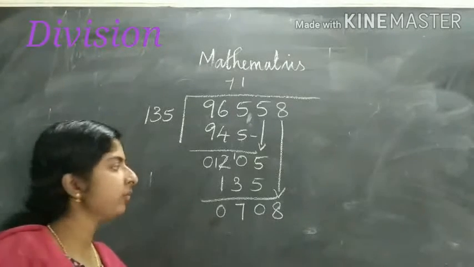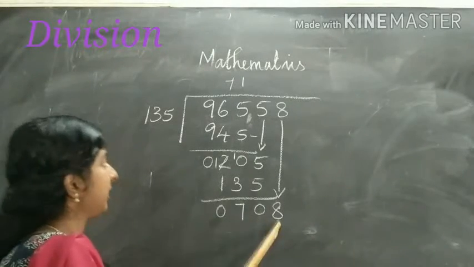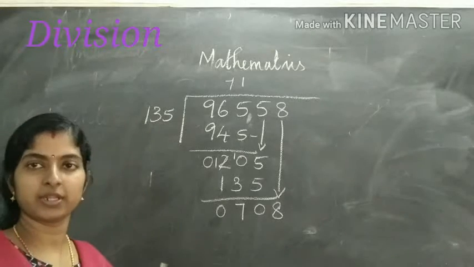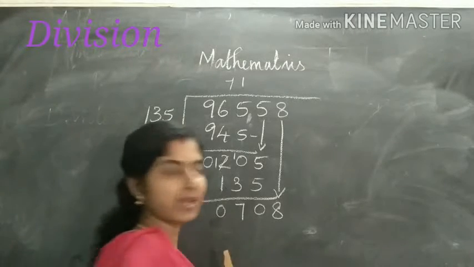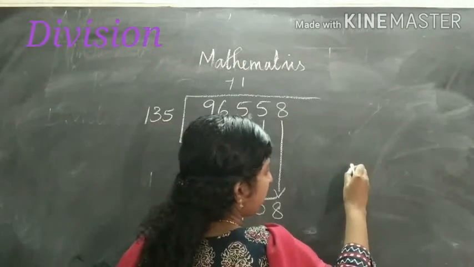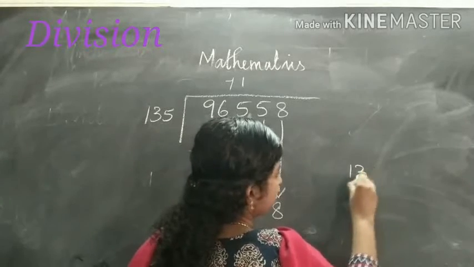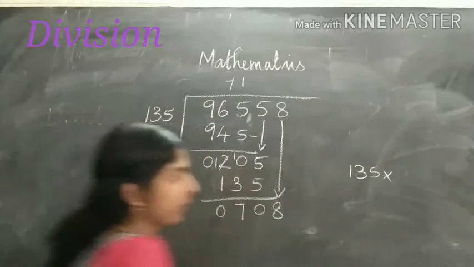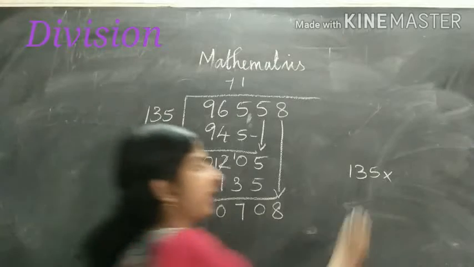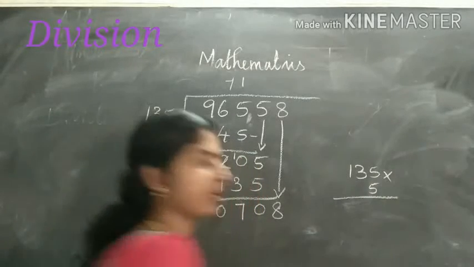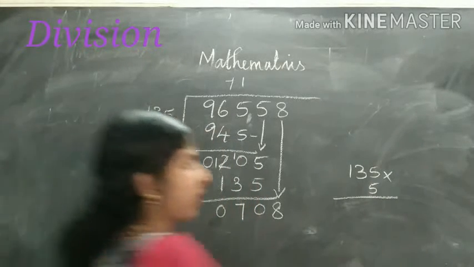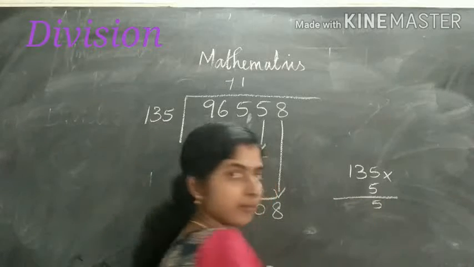708. Now we check this 708 has how many 135? So 135 we will go for 5 times. First we check 5 times. 5 5s are 25, 5.